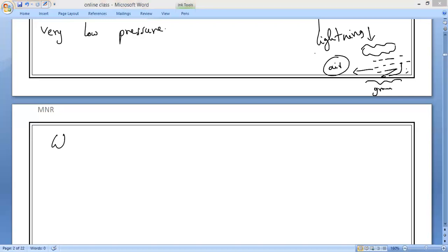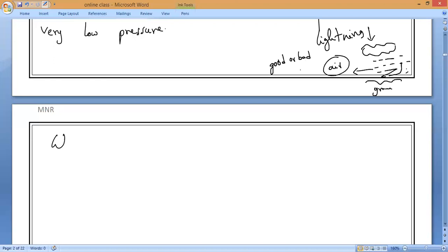It is a bad conductor. It is not a good conductor.